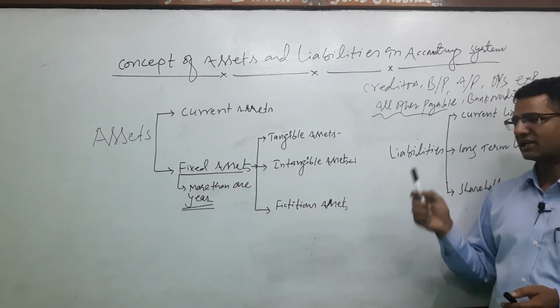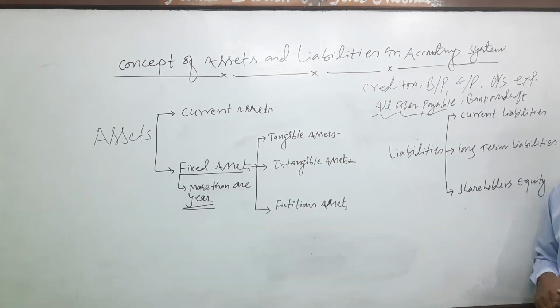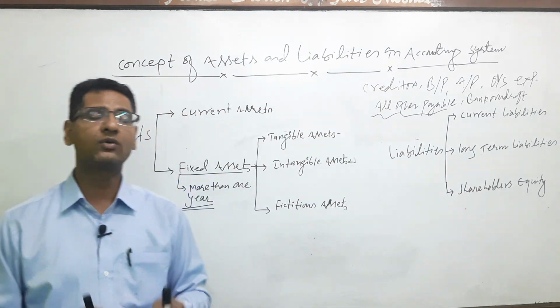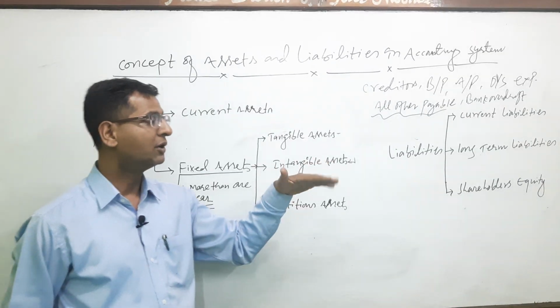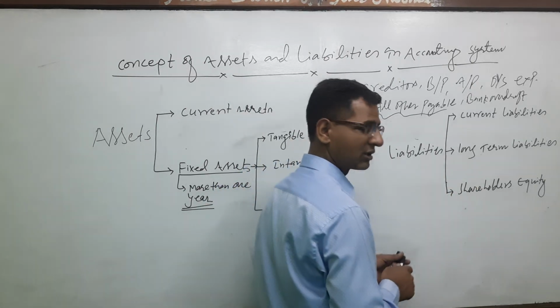Similarly, long-term liabilities are those payable amounts which a business can use continuously for a longer period of time. भनेको 1 वर्ष भन्दा बढीको लागि यदि हामीले कुनै लोन लिन्छौँ भने that is what we call long-term liabilities.